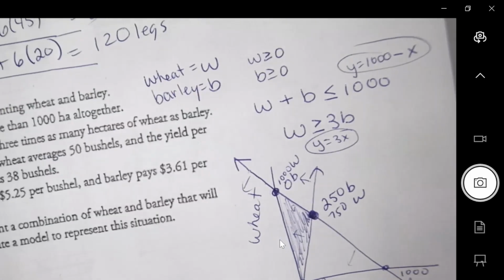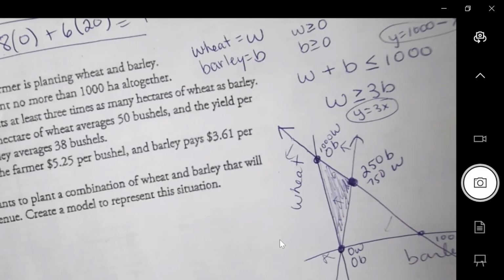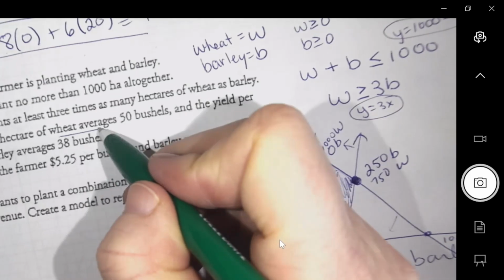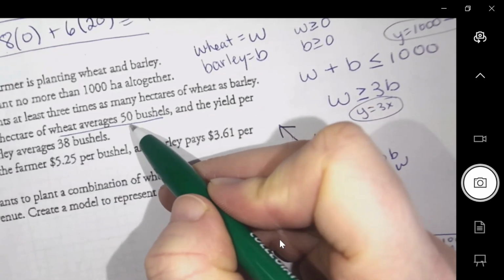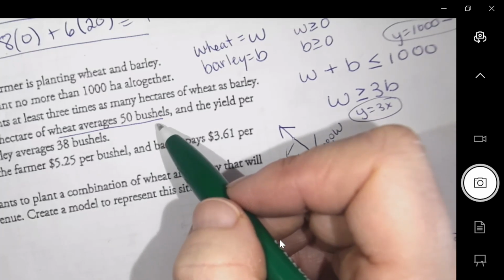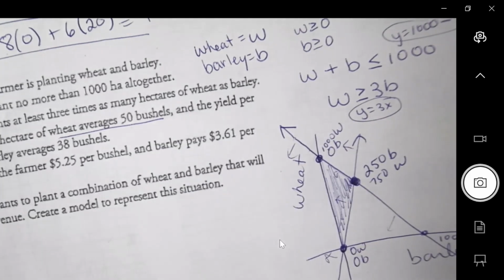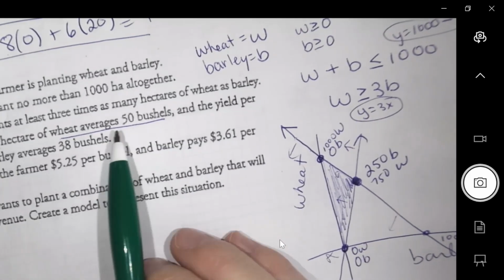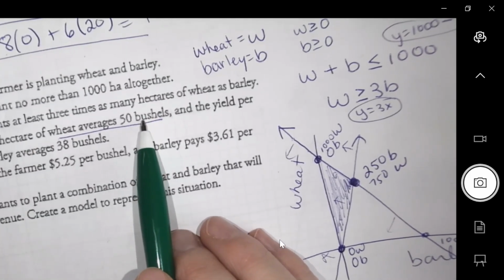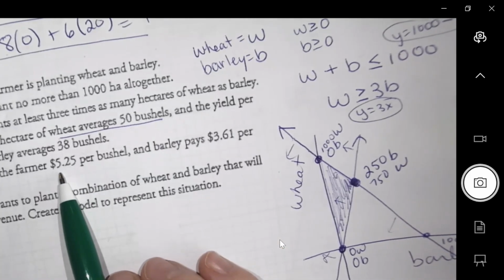Okay, you ready? Now we have to do some farmer talk. So if your wheat averages 50 bushels, that's how much wheat you get. A bushel is how much volume per hectare. Then each bushel you sell for $5.25.